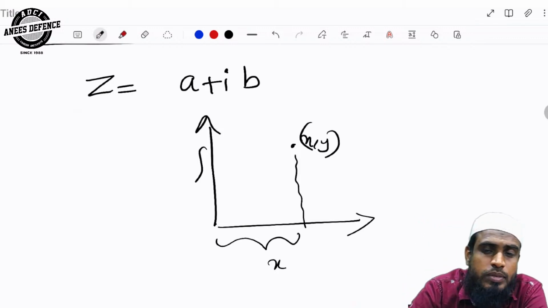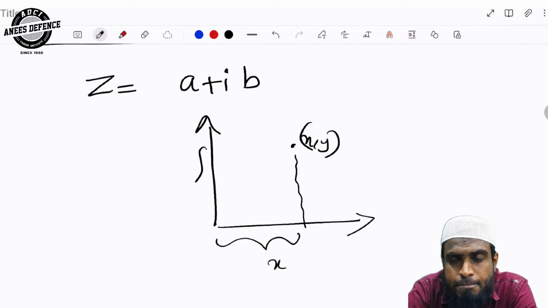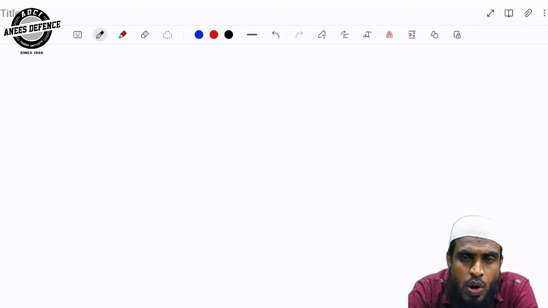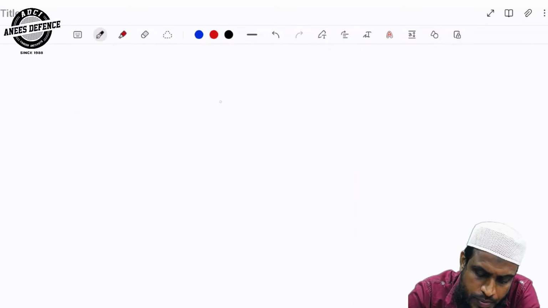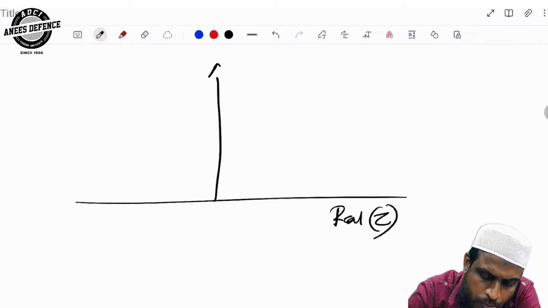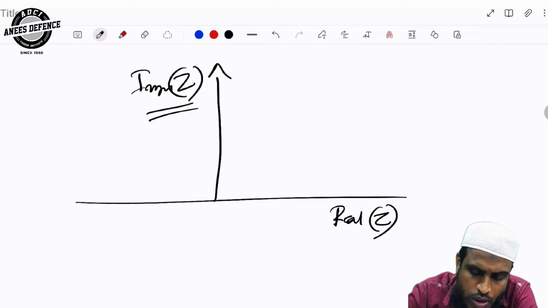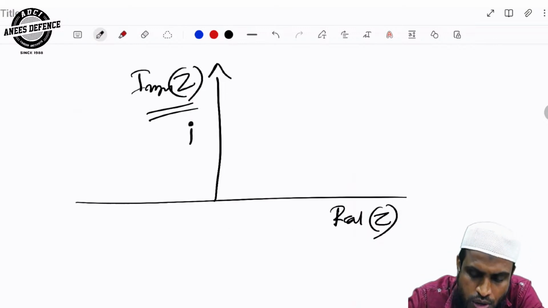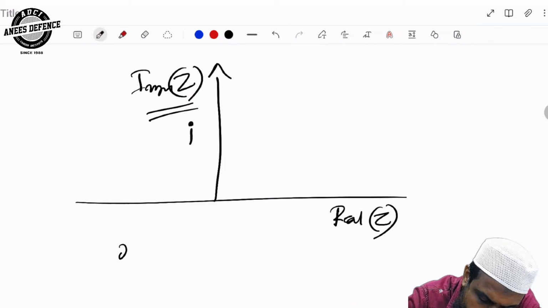Similarly, we can show the complex plane. Here, the x-axis represents the real value of z and the y-axis represents the imaginary value of z. So iota you have to represent here, and the real value should be along x.